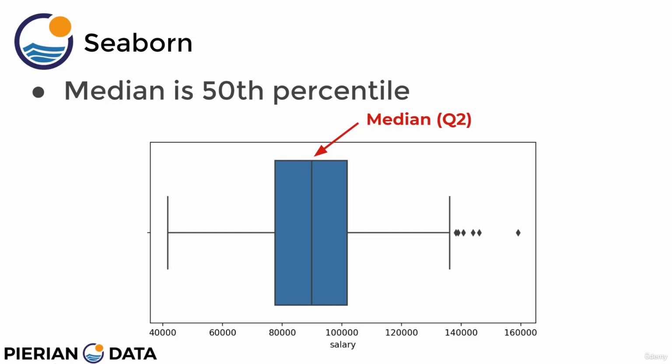And that line is the 50th percentile. It's the median, which means it splits the data in half. So that line looks to be about at the $90,000 salary mark. That means that half of all the salaries are going to be below that line, or to the left of it in this case. So half of all salaries are below around $90,000, and half of all salaries are going to be above $90,000. That's what that middle line represents.